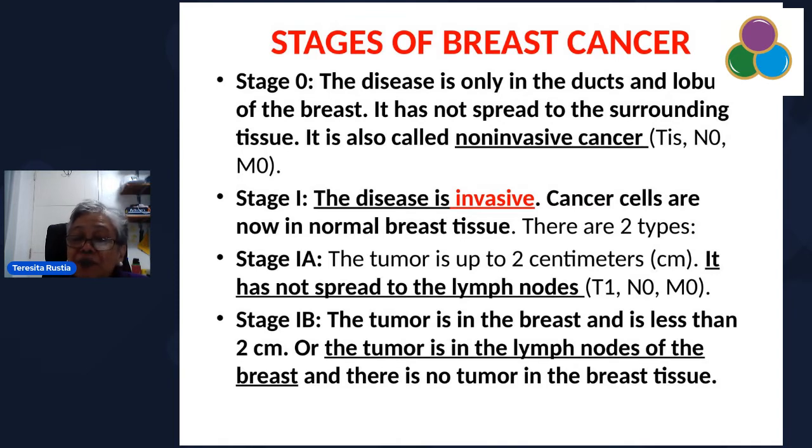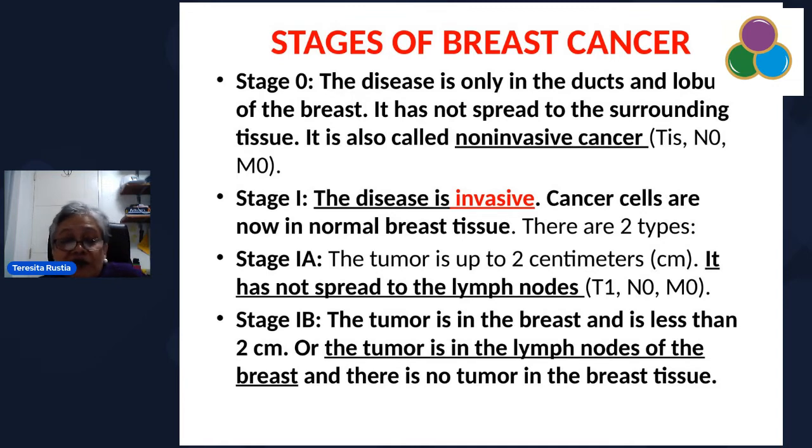It has not spread to the lymph nodes. So it's still quite small. Now, in the other type, the tumor could be in the breast and is less than 2 cm, but the tumor is in the lymph nodes of the breast. Get it?